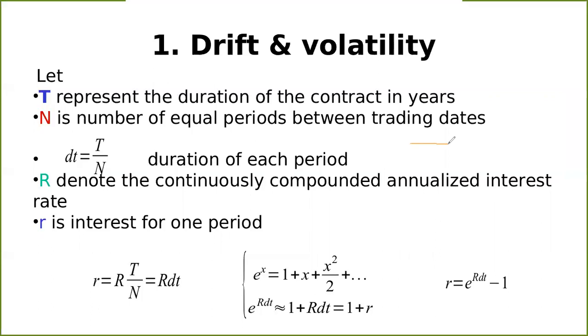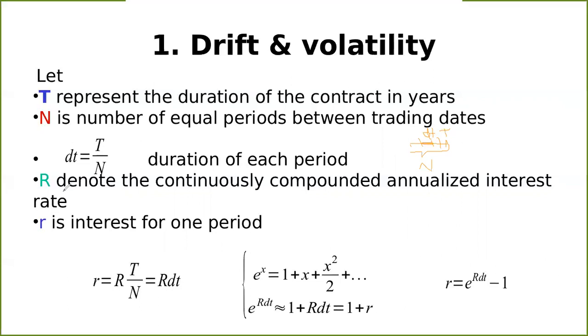You see this period from 0 to capital T, and if we have N periods, the length of each period will be dt. We can find this dt as T divided by N.